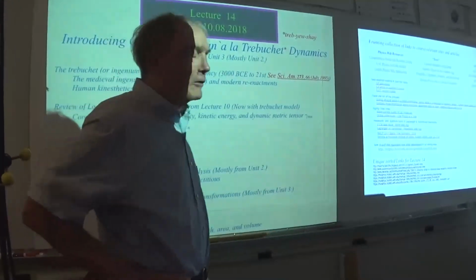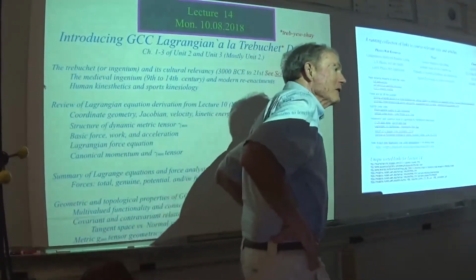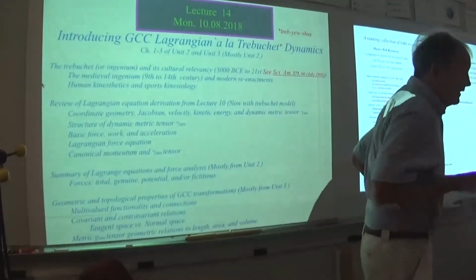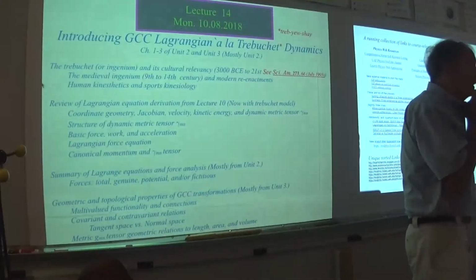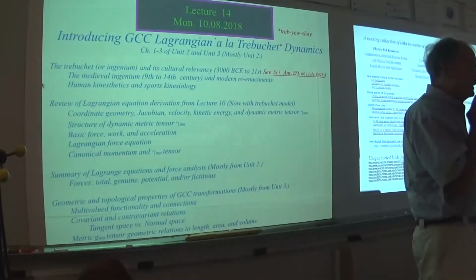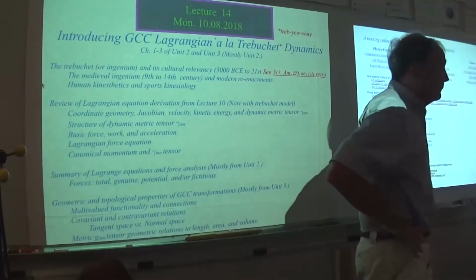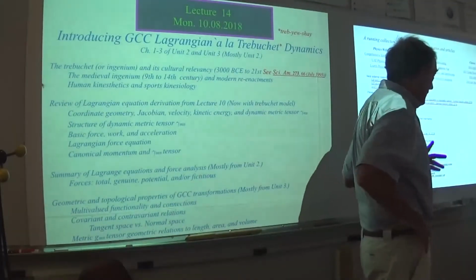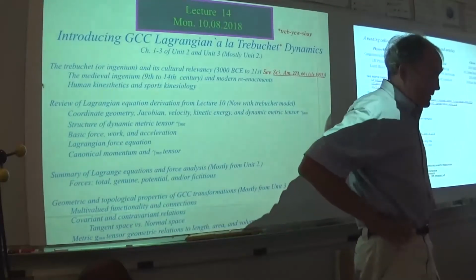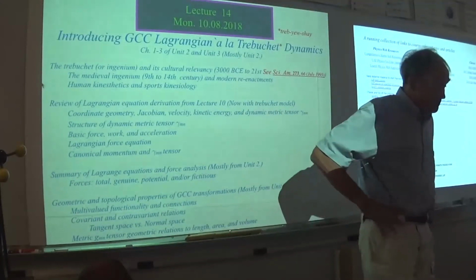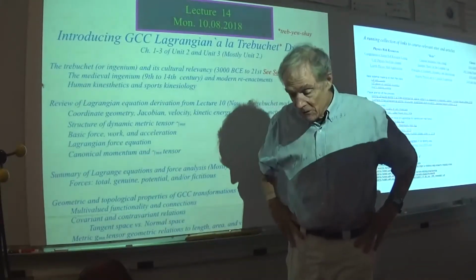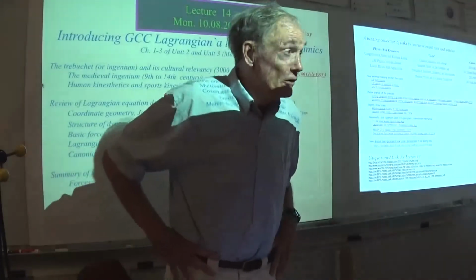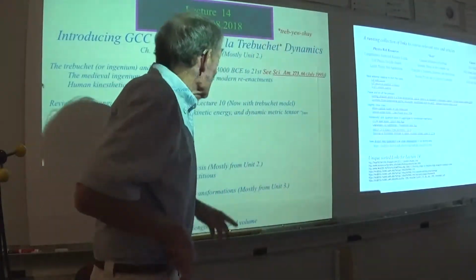Okay, today's lecture starts the main part of this course, units 2 and 3 together, and takes us back to the 10th century. We're going to derive the equations of motion for this ghastly machine that was part of the culture. Actually, it goes back 3,000 years if you count the Chinese.